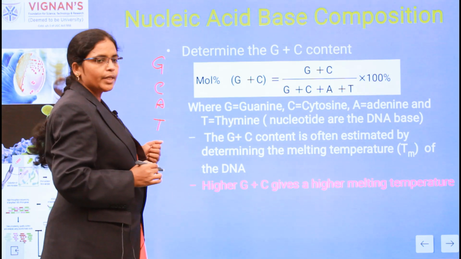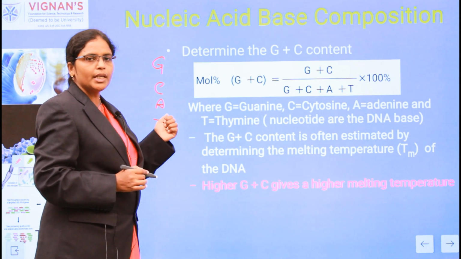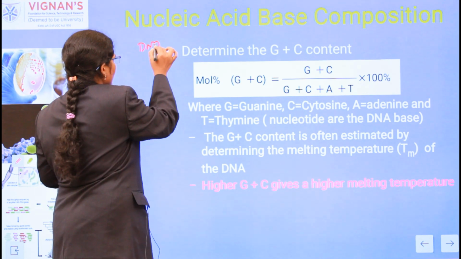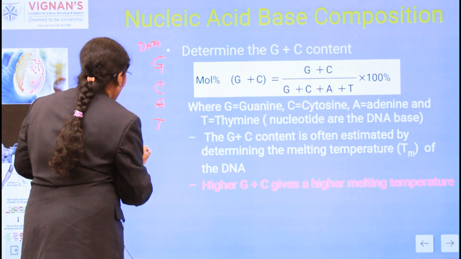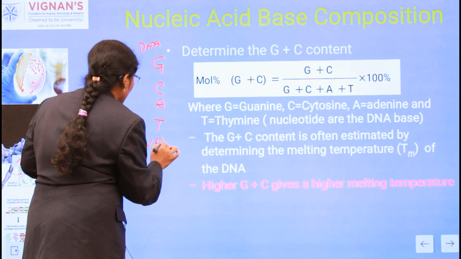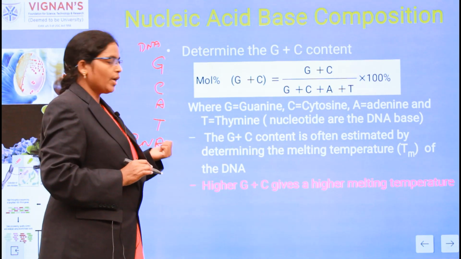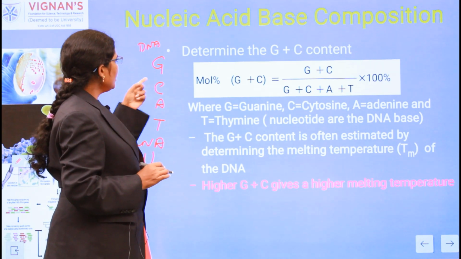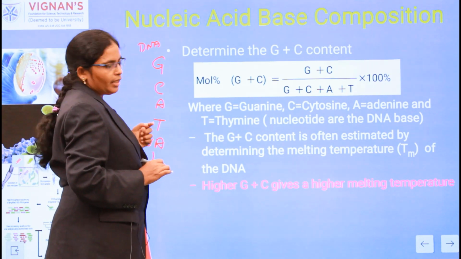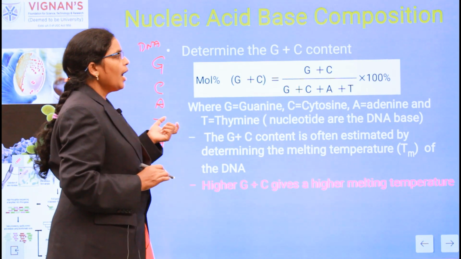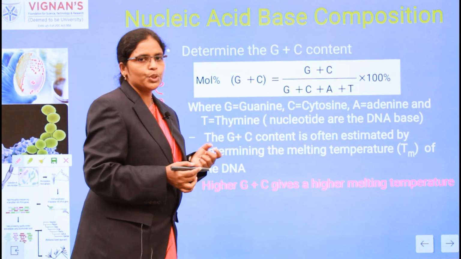These are the 4 nucleotides present in the genetic material DNA. Whereas in RNA, thymine is replaced by uracil. Okay, see here GCAT. So these nucleotides are used for identifying the base composition.